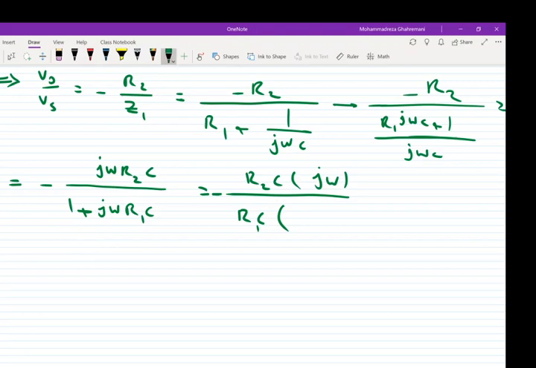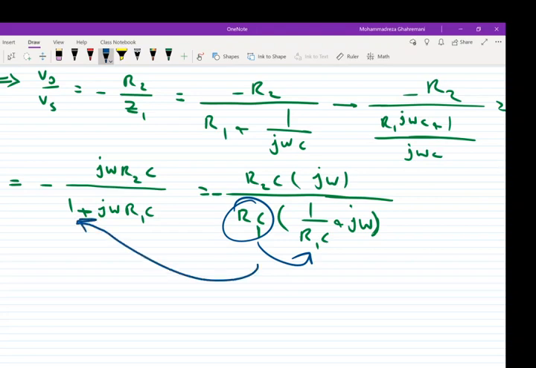It's easy: we can say R1C times 1 over R1C plus j omega. If we multiply R1C by 1 over R1C, we get 1, and if we multiply R1C by j omega, we get j omega R1C.